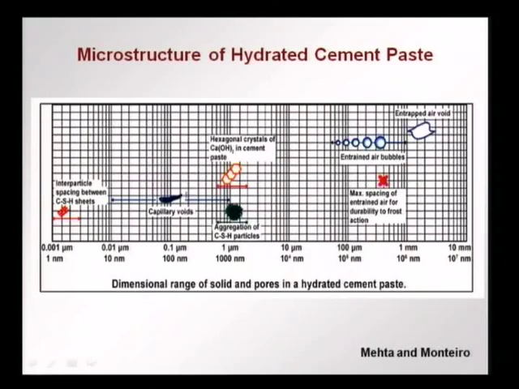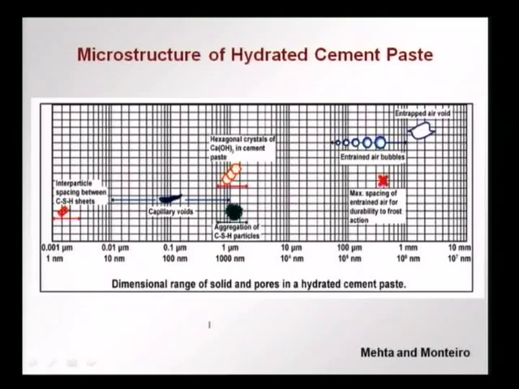This gives rise to capillary stresses, and later on we will see that it influences how shrinkage occurs in concrete and creep and so on. So, capillary porosity is something that we would like to decrease, and one way we will see how we do it is by using mineral admixtures to complement cement and to reduce this capillary porosity.